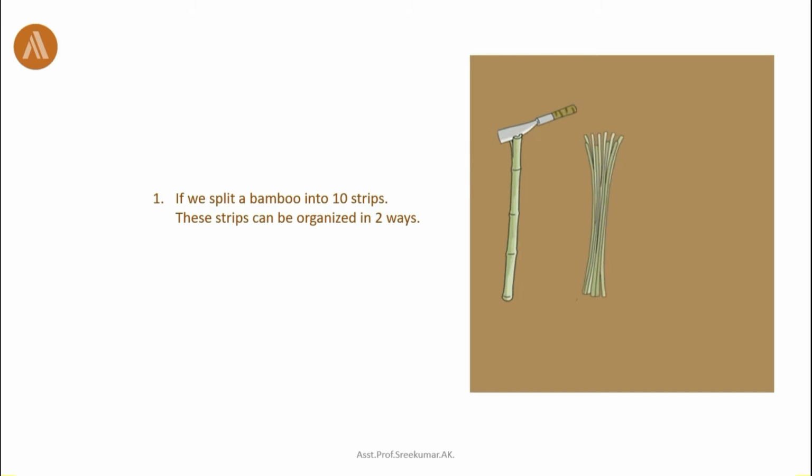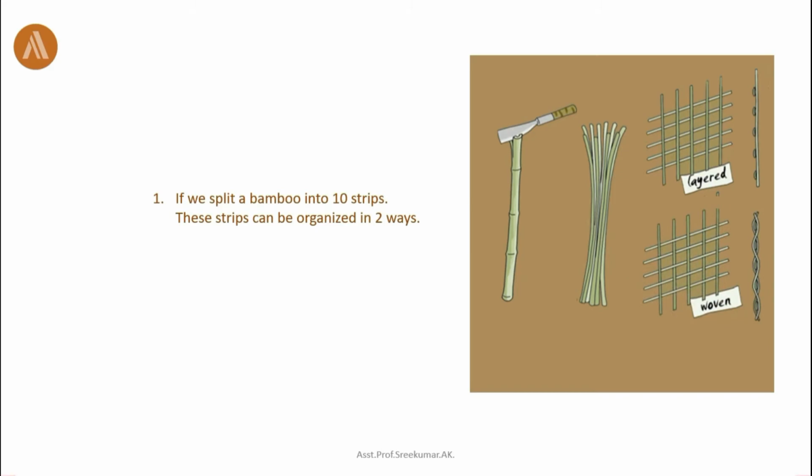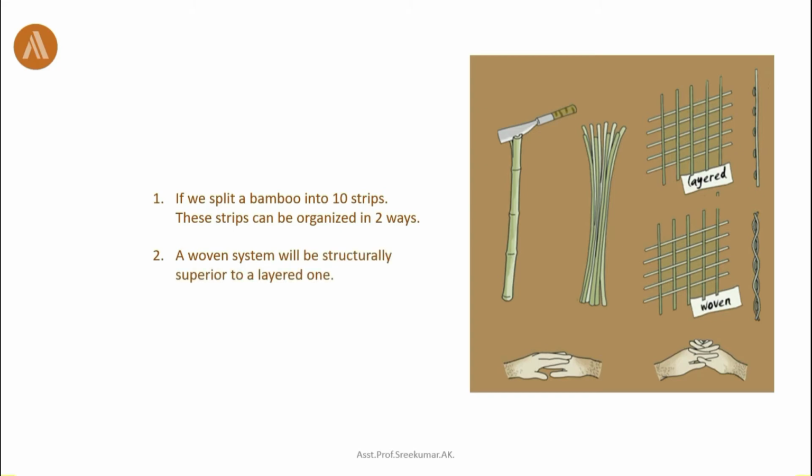For example, if we split a bamboo in 10 strips, these strips can be organized in two ways. A woven system will be structurally superior to a layered one.